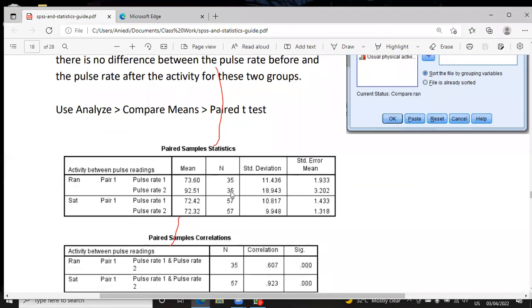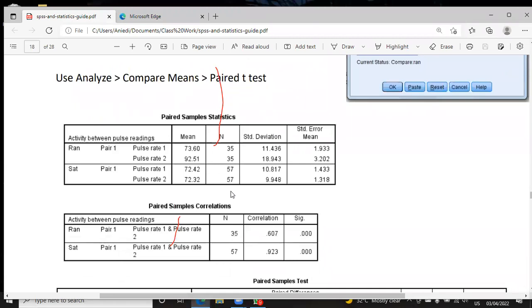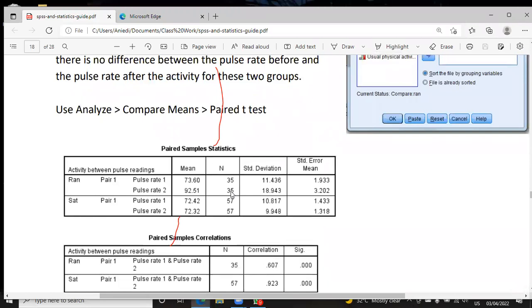Now, this is the paired t-test that they are using, which definitely means that in this analysis, the person knows what he wants to achieve. I hope you have gotten up to this point where they use the paired t-test. Are you able to understand why they use the paired t-test?